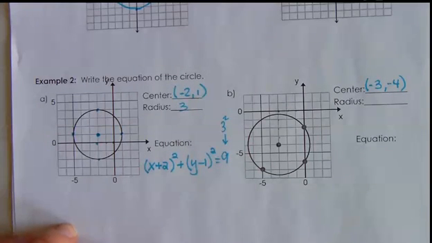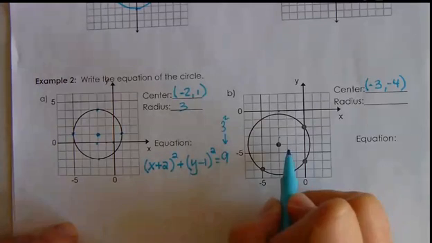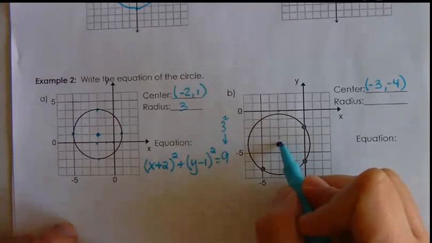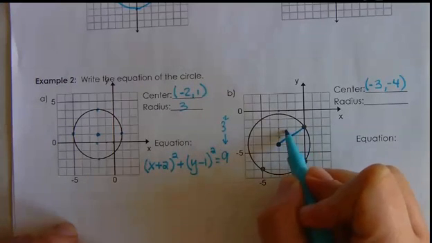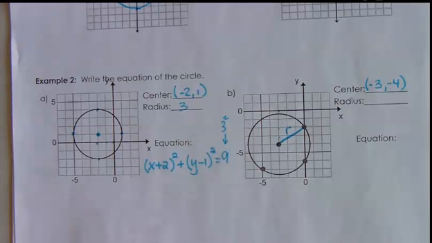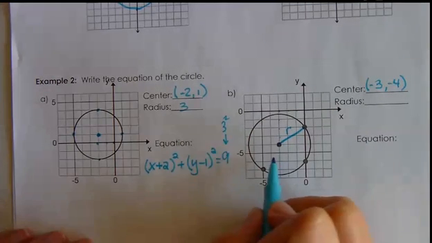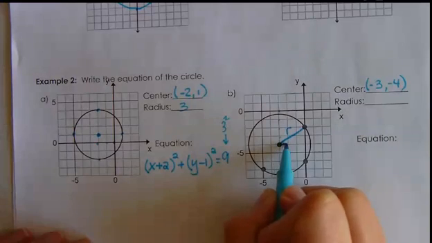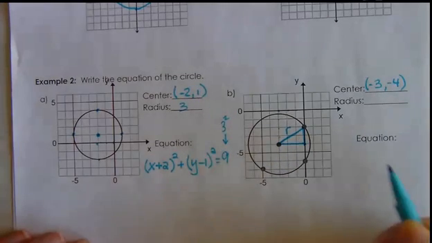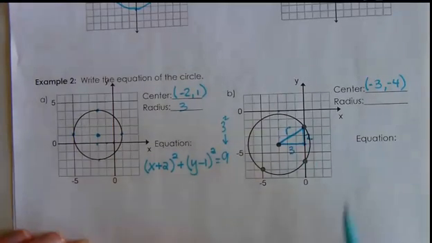Well, then we have to figure out what that radius is. There's a couple of different ways that you can do this. You can use the Pythagorean theorem and say, okay, I'm trying to find this distance right here. That's going to be my radius. Remember, your radius is just the distance from the center to any point on the circle. So if I think about my Pythagorean theorem, I think about making that right triangle. So this is a 3 and this is a 2.